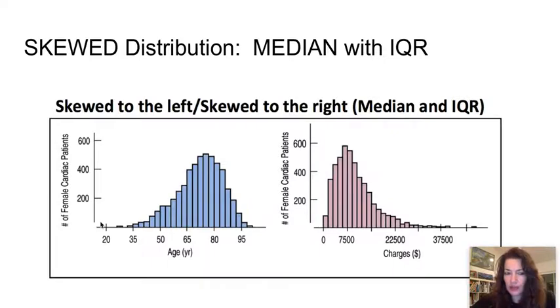So we would say the blue histogram here is skewed to the left, whereas the histogram on the right is skewed to the right. So when your data is skewed to the right or skewed to the left, you always want to use the median as a measure of center and pair that up with the IQR as a measure of spread.